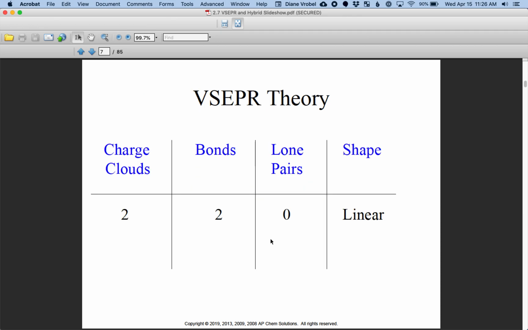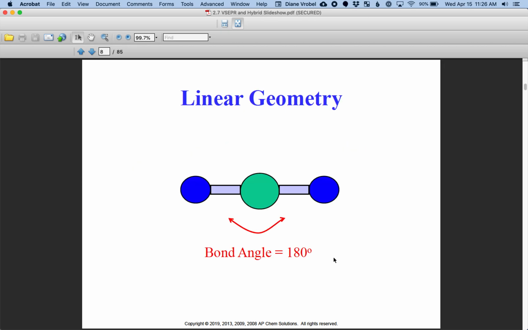As a result it is linear. And you should know when you're talking about a linear shape, we're talking about a 180-degree bond angle. Notice that this is the ball and stick method, where we essentially just represent the bonds by sticks and the atoms by balls. And notice that the bond angle is 180 degrees.